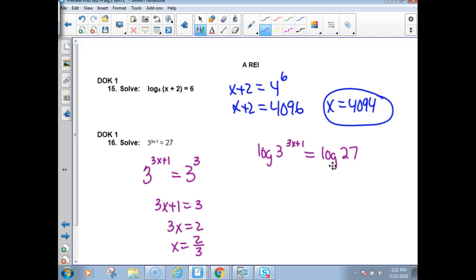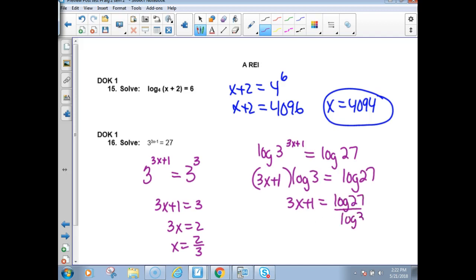If you did it this way, I can show quick. You would bring the exponent out front using your logarithm rules. So you'd have 3x plus 1 times the log of 3 equals the log of 27. You would divide by log 3. And then you could calculate this. This is just a number. And then after that, you would subtract 1 and divide by 3.